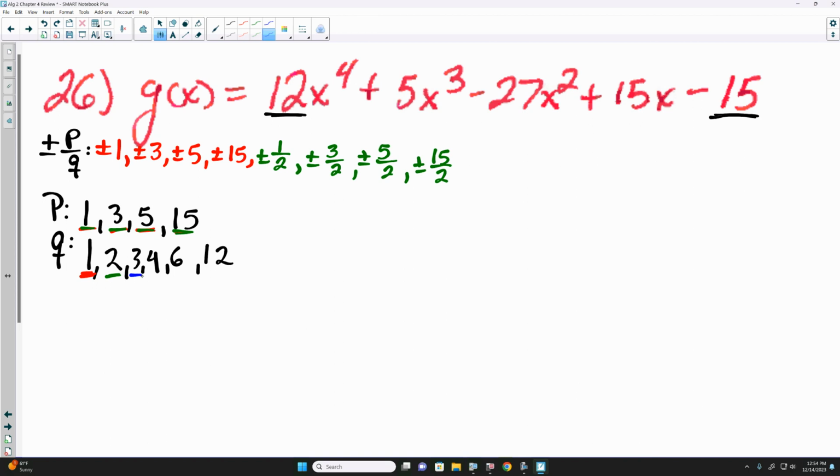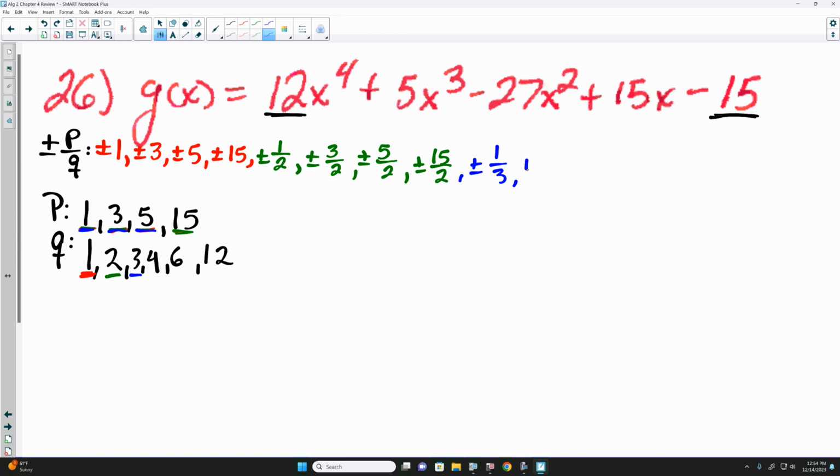Now, if we look at the next one, 3, we'd have plus or minus 1 over 3. The next one after that is 3 over 3. Does that reduce to just 1? Is it already listed? If it's listed, we don't have to repeat it, so we can move on. 5 over 3, does that reduce?